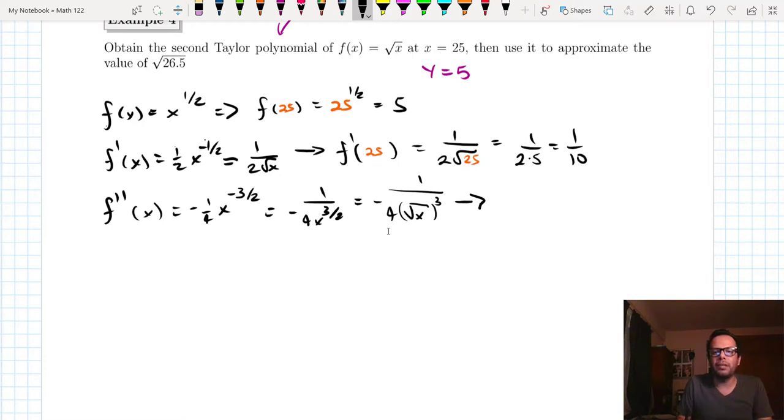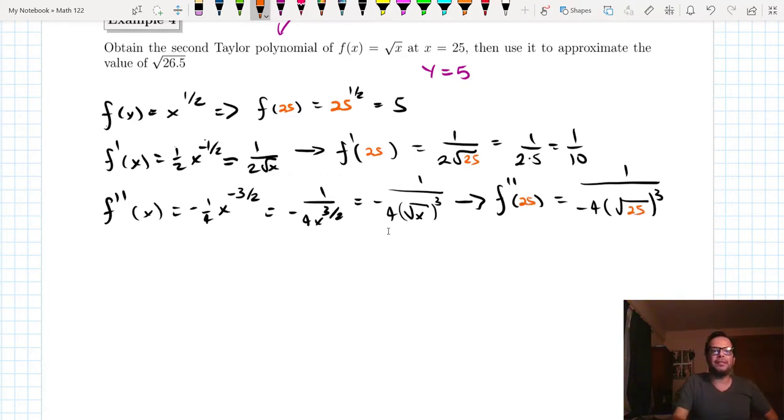So now we are going to evaluate this second derivative at 25. And when we simplify this, the square root of 25 is 5 inside. 5 cubed then is 125, and then that 125 times 4, that's going to give us negative 1 over 125.